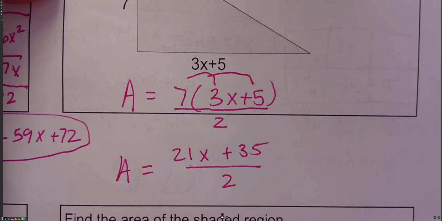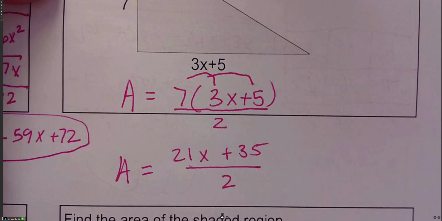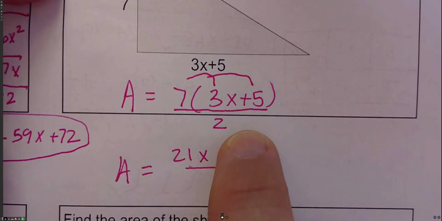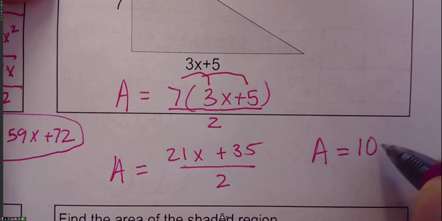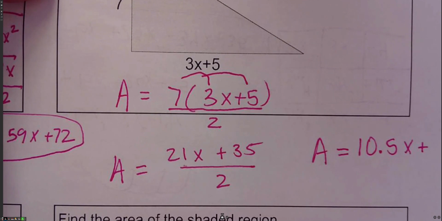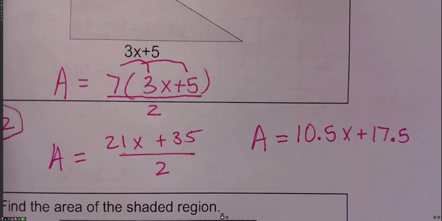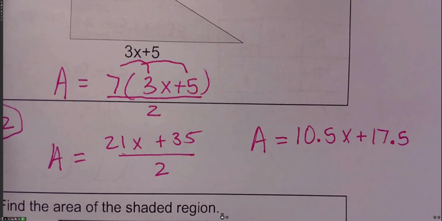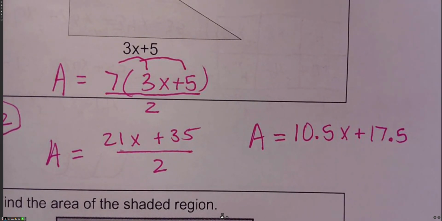It's affecting the two numbers above it. So we could split this up and say that it's dividing both of those. Or we could just say the area would equal 10.5x plus, what's half of 35? 17.5. So there are 3 different ways you could write this answer.